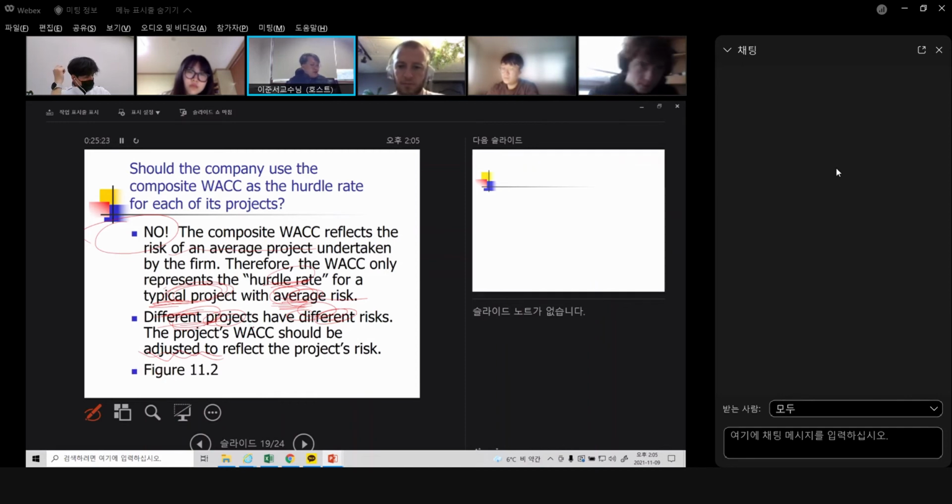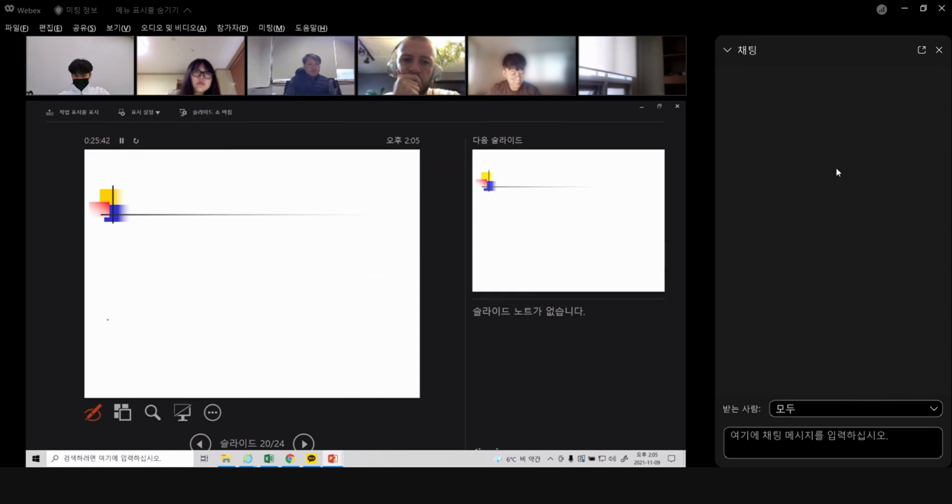Let's take a look at figure 11.2, page number 424. Here you go.